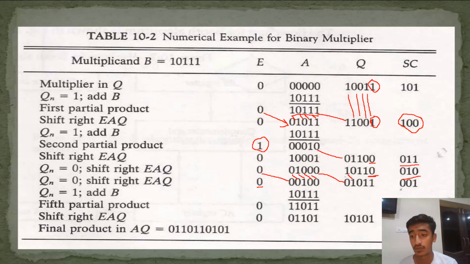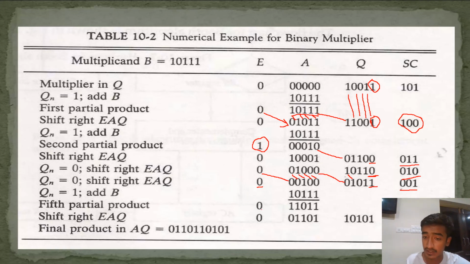So now the sequence counter will be 2 minus 1, that is 1. So it is the last step. From that we get 1 minus 1 equals 0. So in this we see Qn equals 1. So we will add the number, that is 10111 will be added, correct? That is the binary addition we will do.